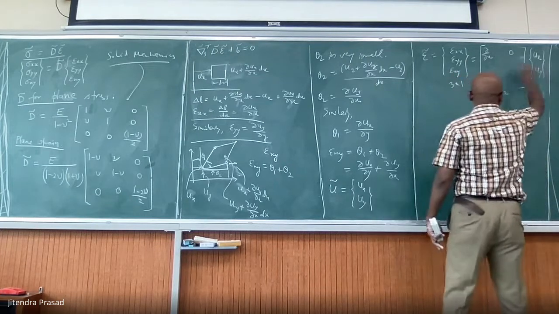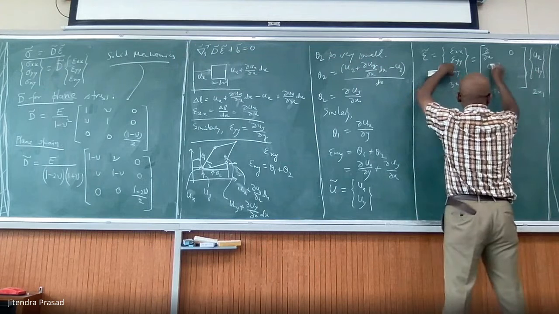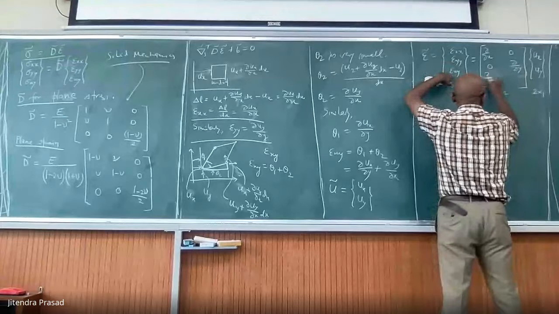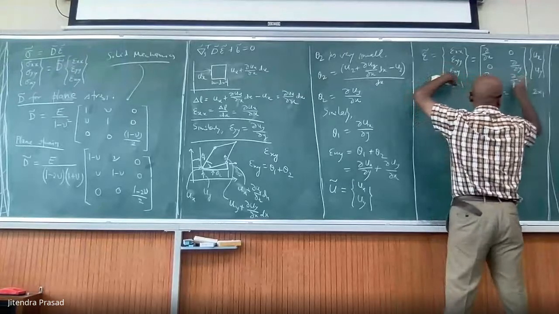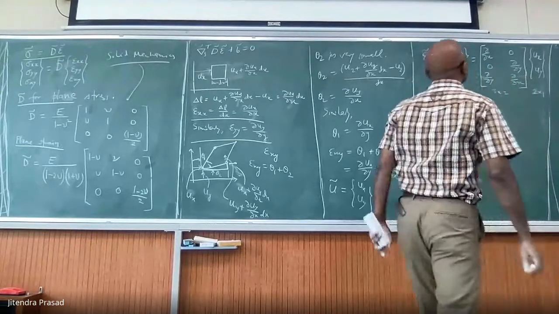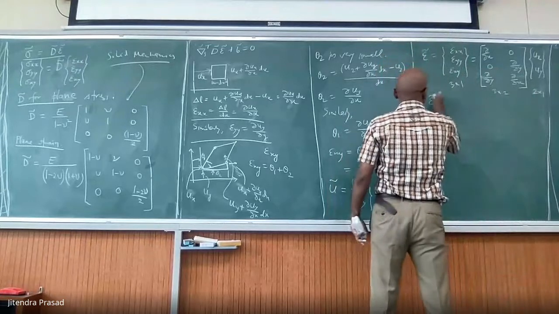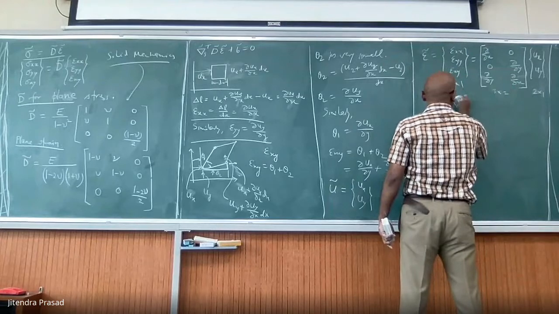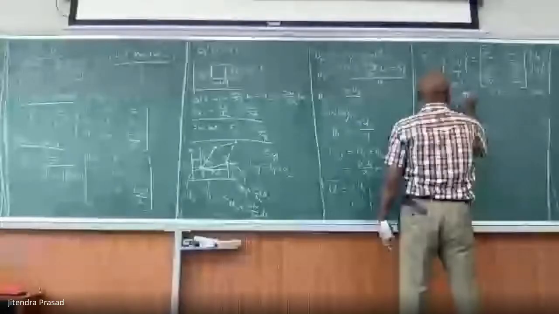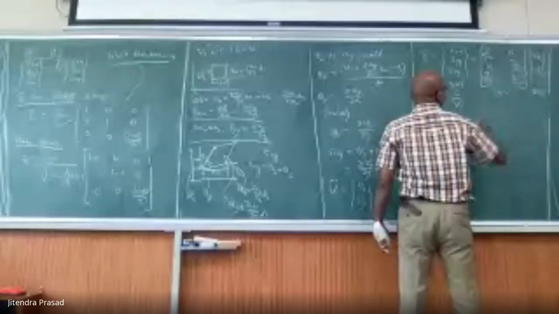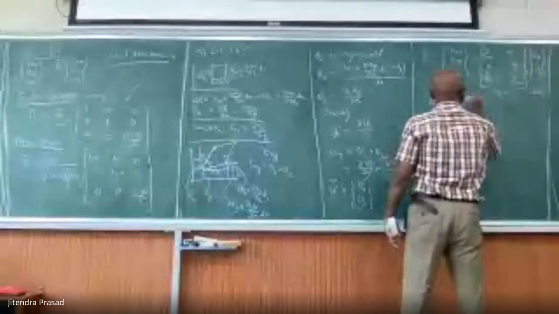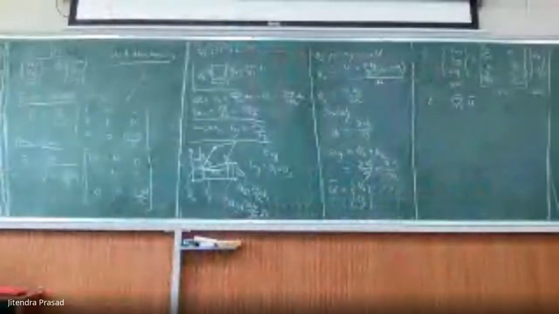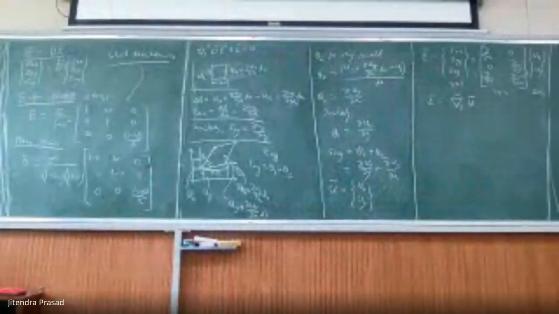Next is 0, del y. Third is del y here, del x. Or simply epsilon tilde is equal to this, we call it S tilde, and then you have u.